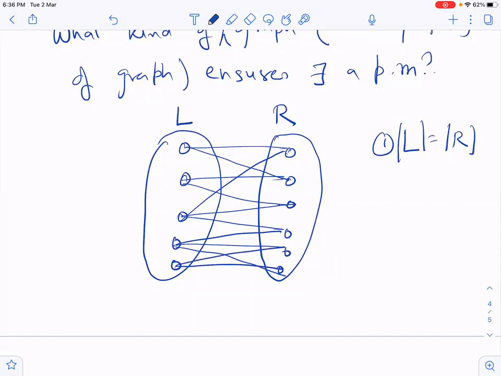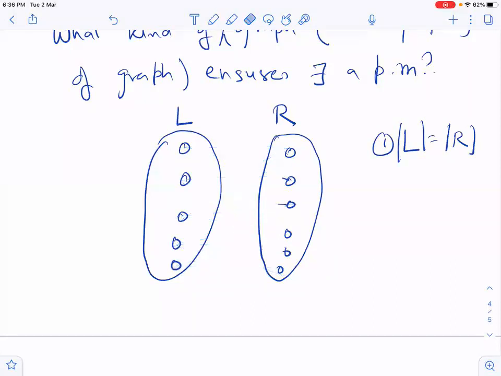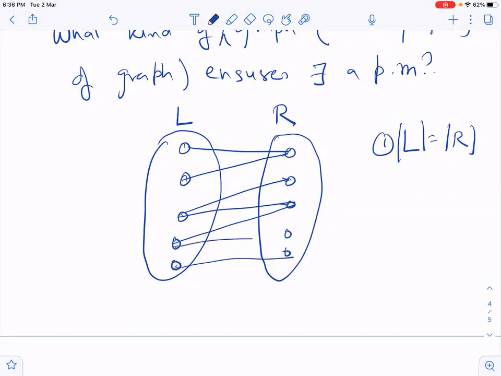So okay, what happens if I add some stuff over here? Maybe I will just redraw stuff here. Just one second. Okay. Does this bipartite graph have a perfect matching?